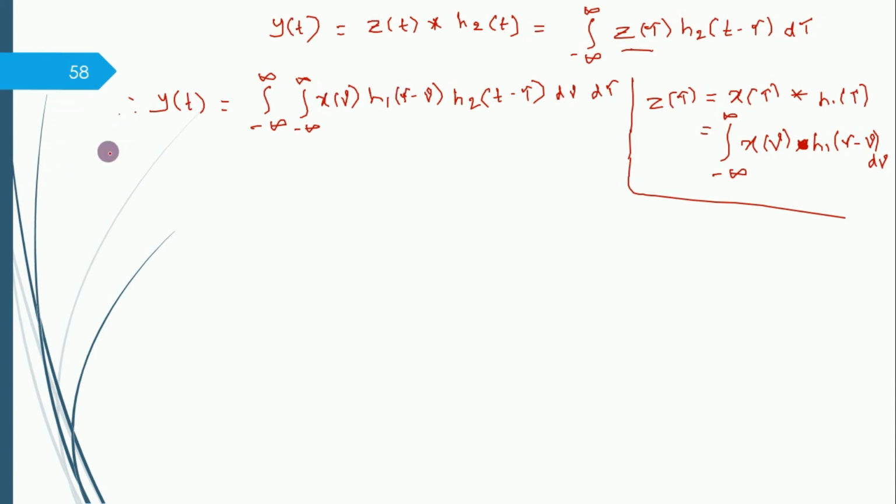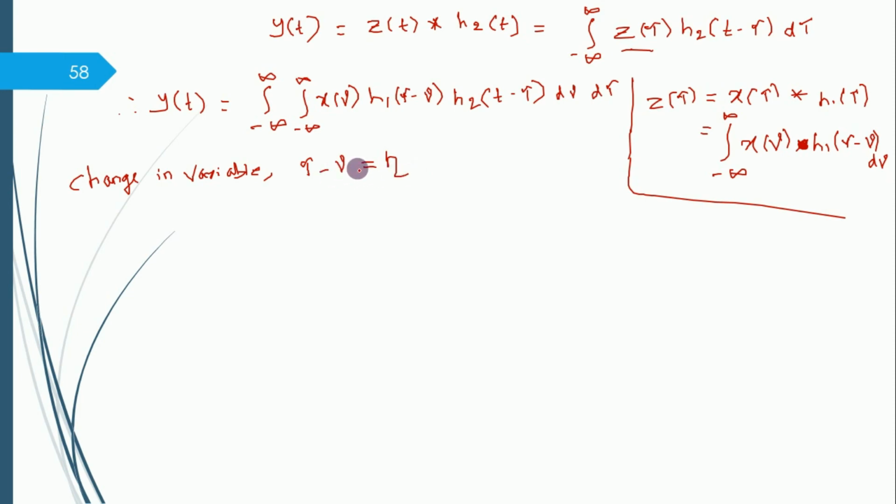Now we perform a change of variable for the integrals. In place of tau minus v, I substitute eta.